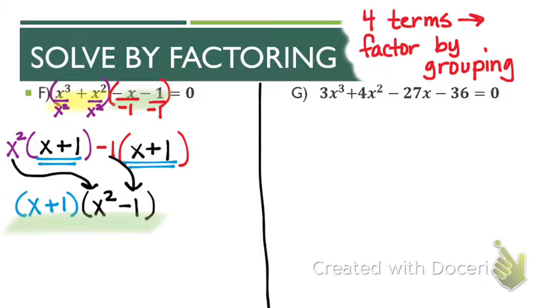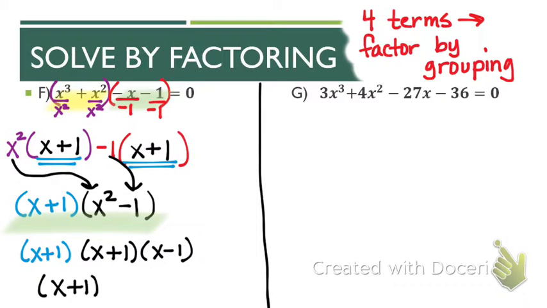Now the x squared minus 1 can factor down again. This x plus 1 is done, but the x squared minus 1 can factor down to an x plus 1 and an x minus 1. So my factors are two x plus 1s and an x minus 1.